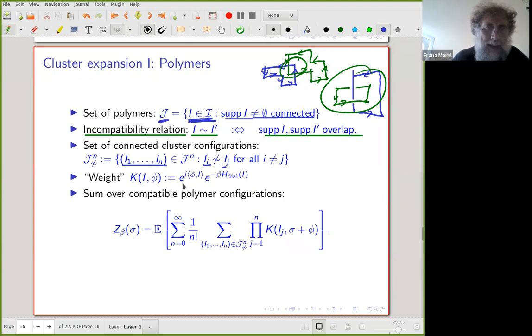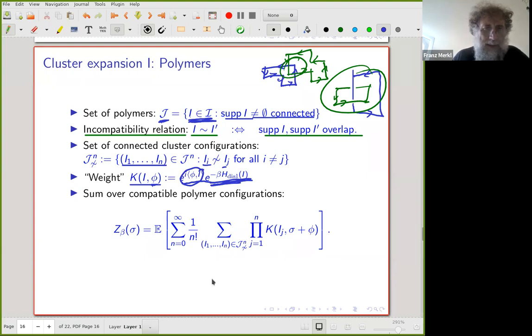And the weight they get with a given auxiliary field phi, this k_i phi, is just our Boltzmann weight for the dislocation, and then this part, which when you take the expectation with respect to phi gives you the elastic part of the energy.